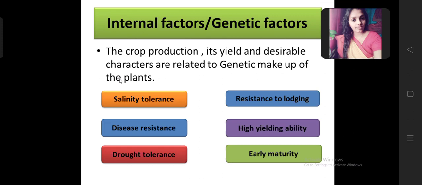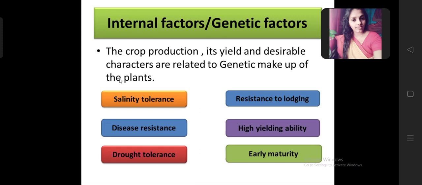Genetic engineering mainly concentrates on including genes responsible for disease and pest resistance, and thereby the production of the crop increases.